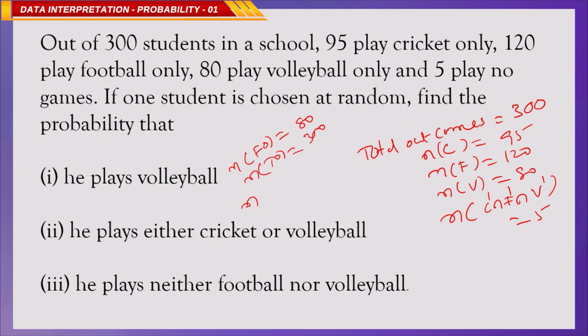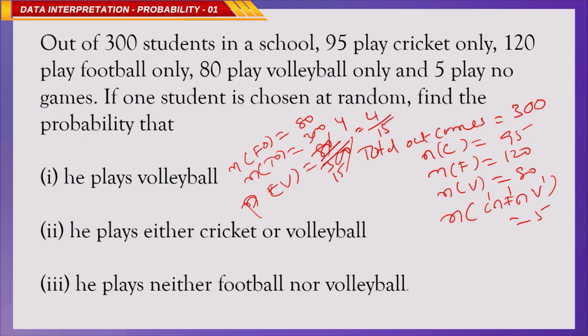So the probability of selecting a person who plays volleyball is 80 by 300, which is 8 by 30. Simply, 2 fours are 8, 2 fifteens are 30. The answer is 4 by 15.